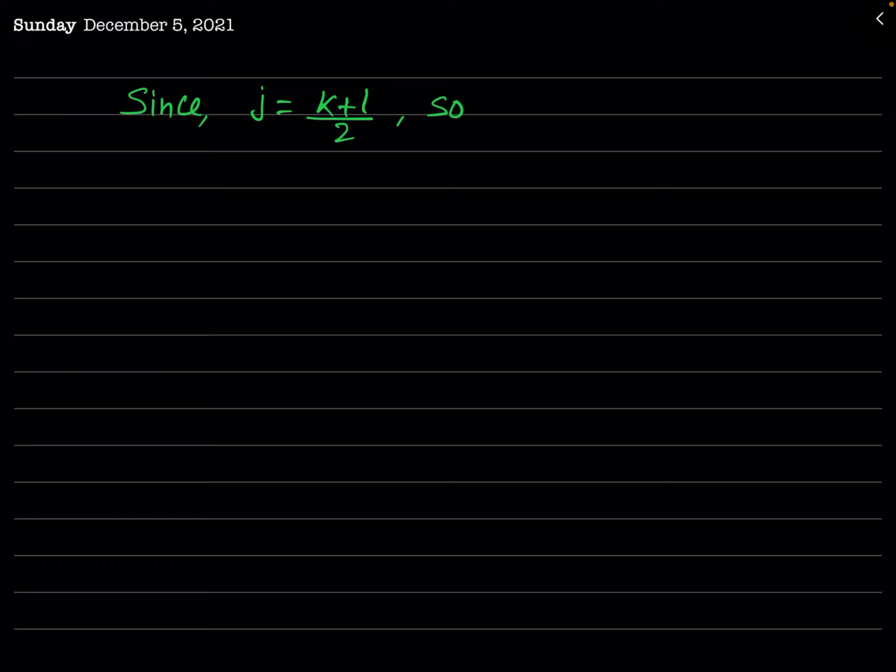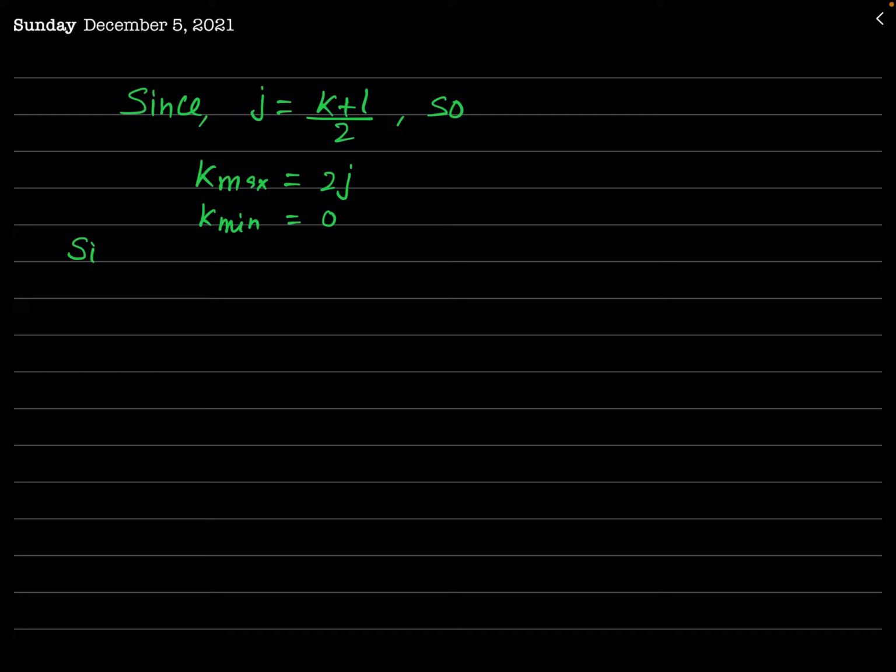So what will be k max? In fact, k max will be equal to 2j when you take L equal to 0. And k minimum will be simply equal to 0. Similarly, if you want to find the maximum and minimum value of L, that will also be the same.